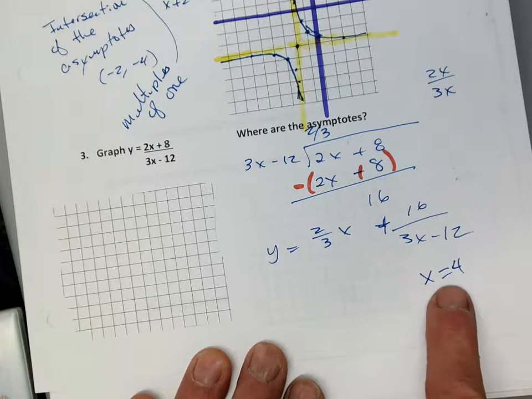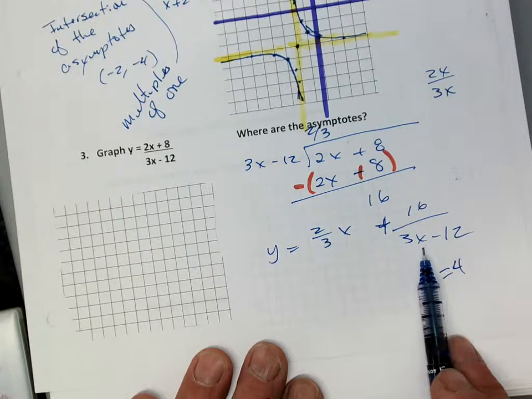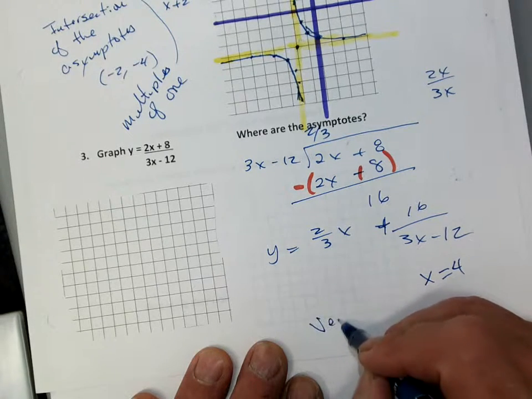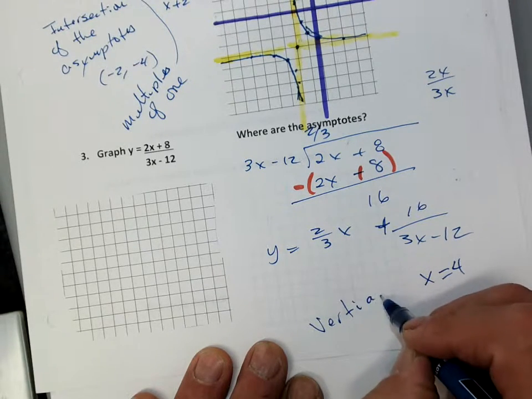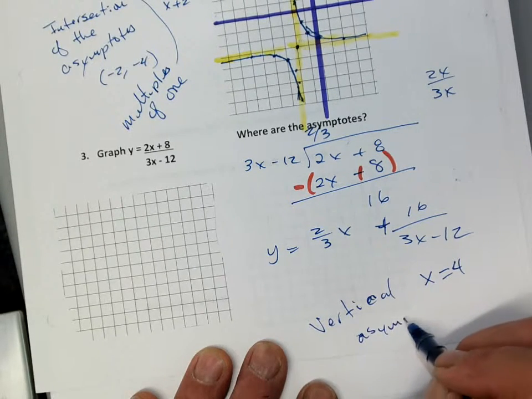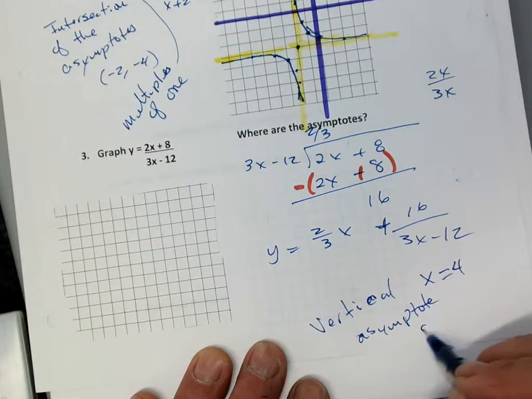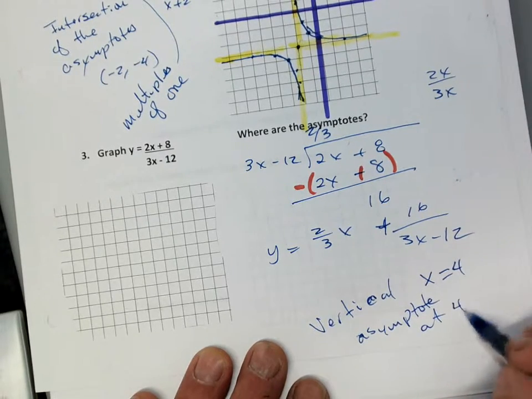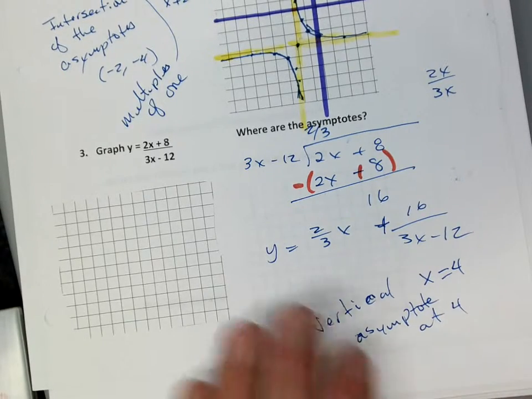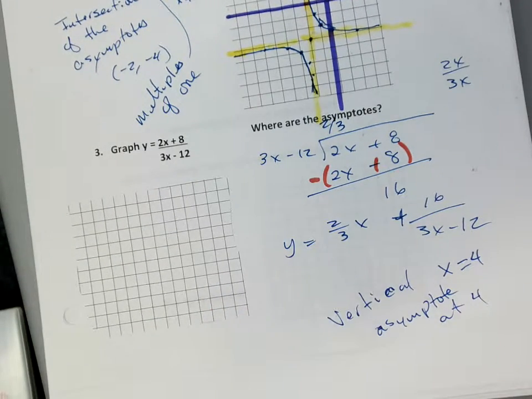Where did I get x equals 4 from? If x were 4 right here, what's going to happen? Right, so we know we're going to have a vertical asymptote at 4, right? All right, so let's put that in there, okay? So I'm going to put my vertical asymptote at 4, so I'm going to put my graph in.